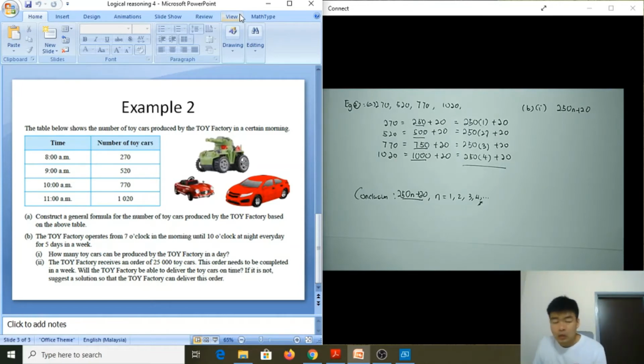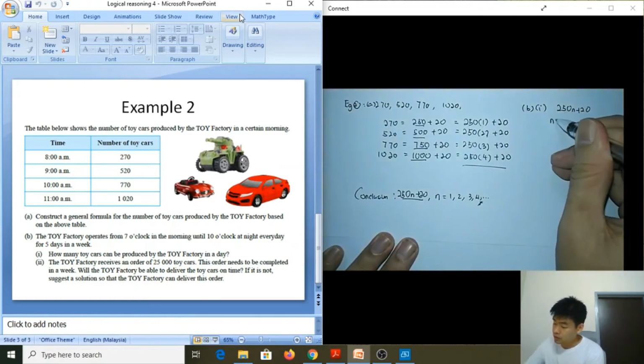Take a look at the time here in a day. How many hours in a day from 7 o'clock until 10 o'clock at night? 15 hours, right? So n equals 15.